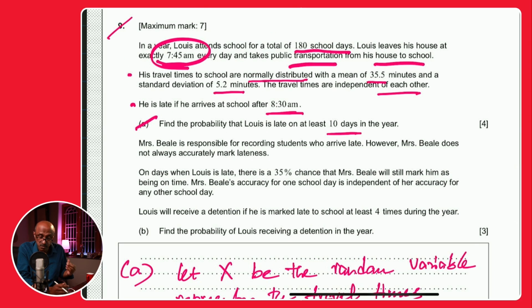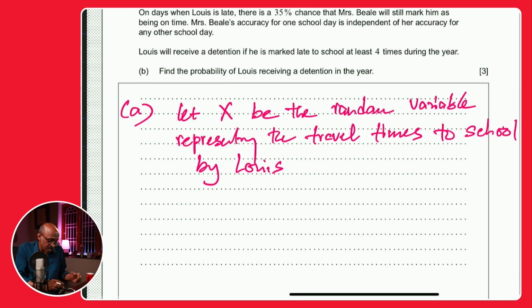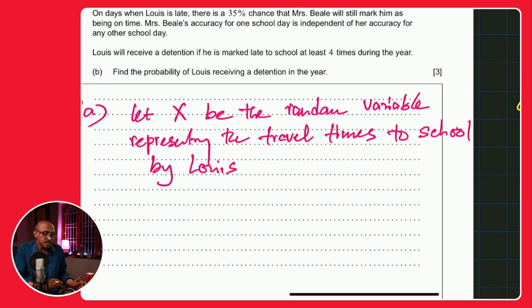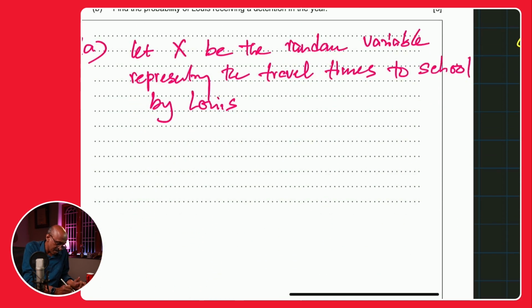So, get into a habit of doing that, okay? Because they said his travel times to school by Louis. Let X be the random variable representing the travel times to school by Louis. Is that right? Okay.